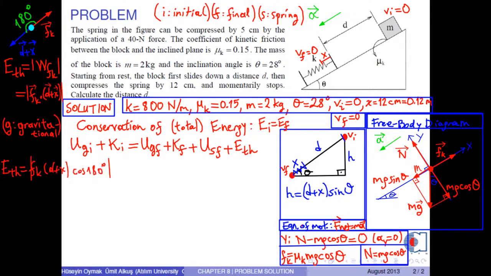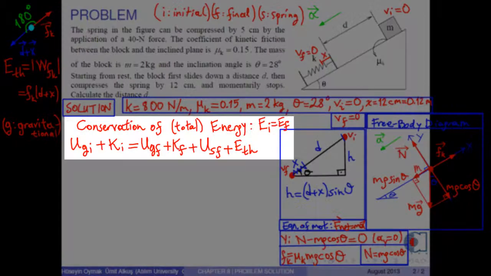Then the thermal energy becomes the absolute value of Fk times (d plus x) times cosine 180 degrees. Cosine 180 degrees is negative 1 and the absolute value of negative 1 is positive 1, therefore the thermal energy due to friction becomes Fk times (d plus x). Anyway, this is the conservation of total energy.